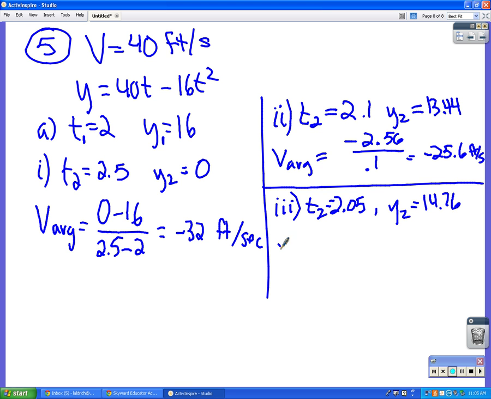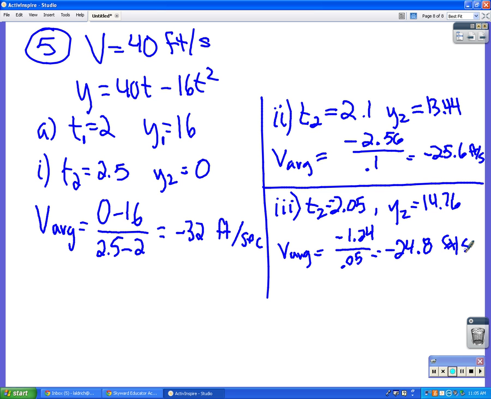Okay, so my average velocity over that time period is, if I subtract those, negative 1.24 divided by 0.05, so I have to double that, so it's going to be negative 24.8 feet per second.